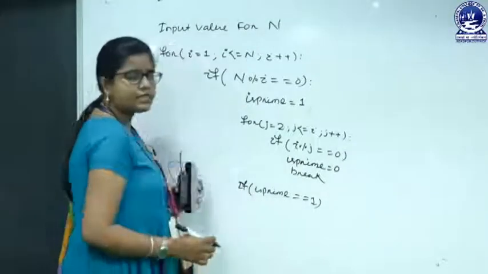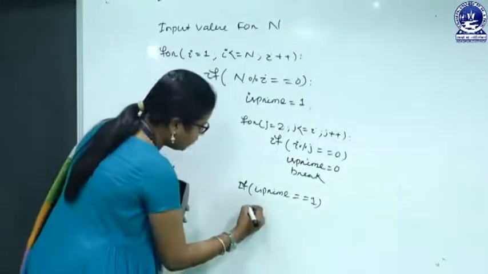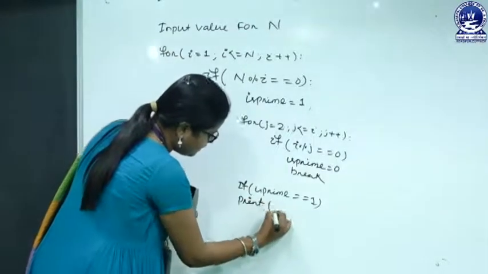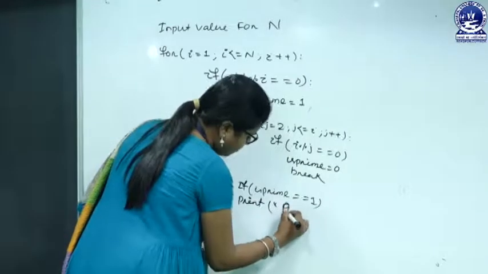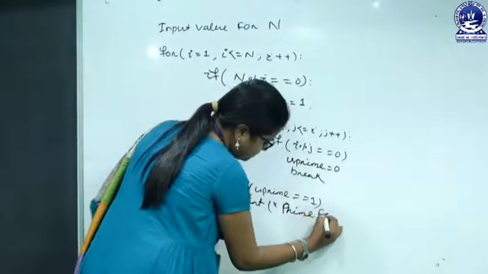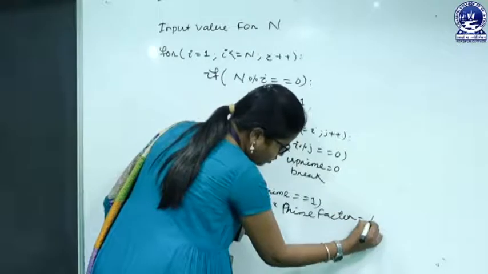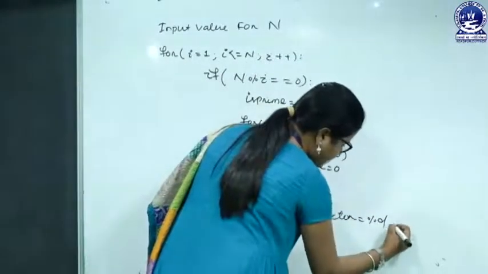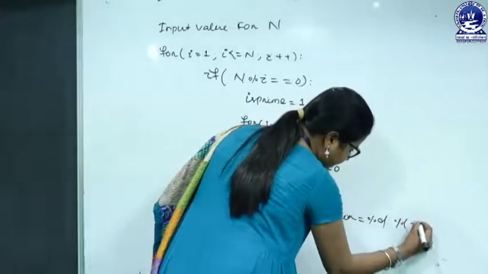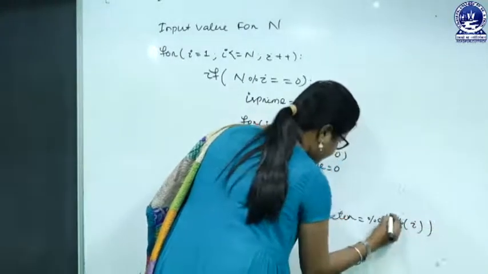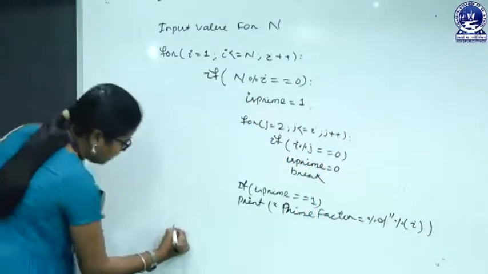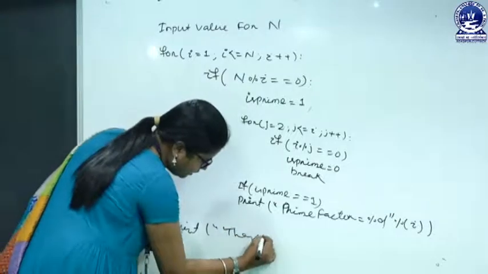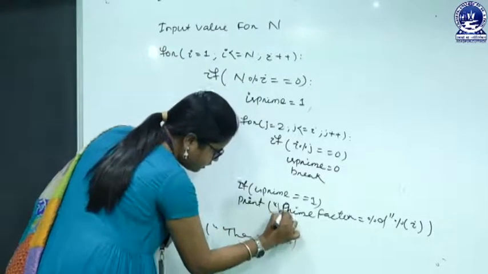So if it is prime equals to 1, then we have to print here prime factor equals to %d, and for this %d we have to print %I. So now this is our last line, the \n.